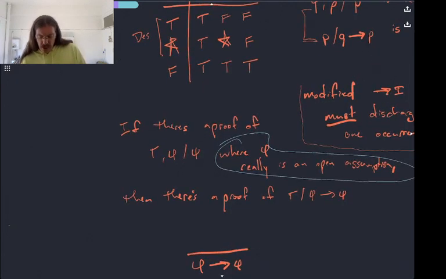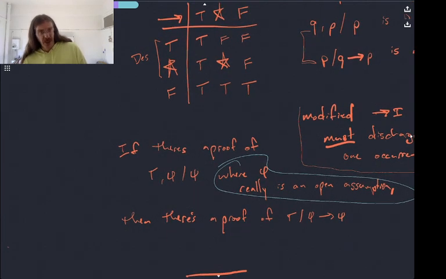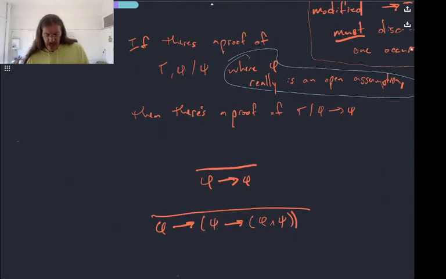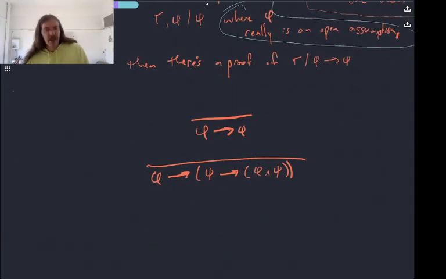Well, we would need to give its antecedent either a t or a star, and then we would need to give its consequent some lower value than whatever value we give its antecedent. So if we give its antecedent either a t or a star, that's this phi here, then can we get the consequent here to have a lower value?